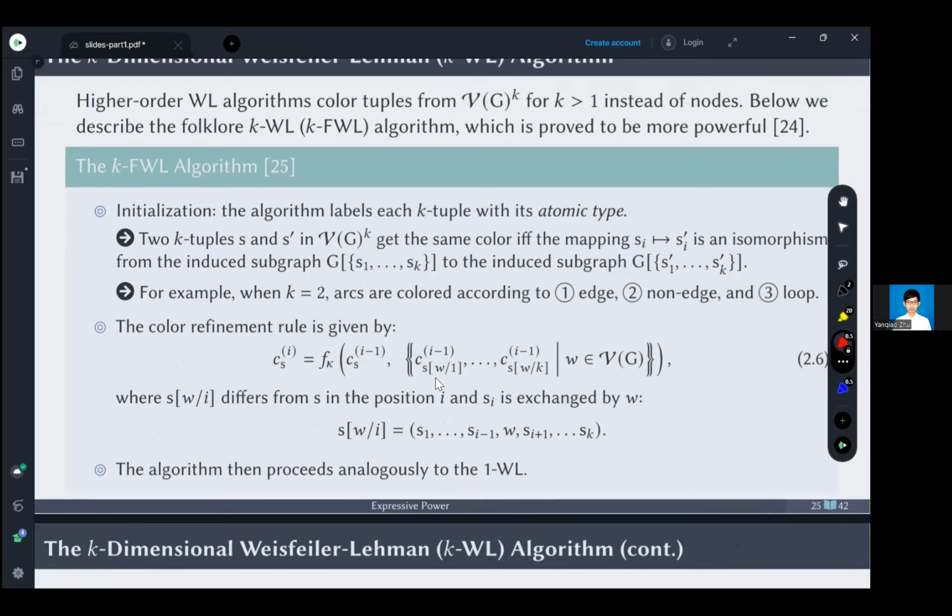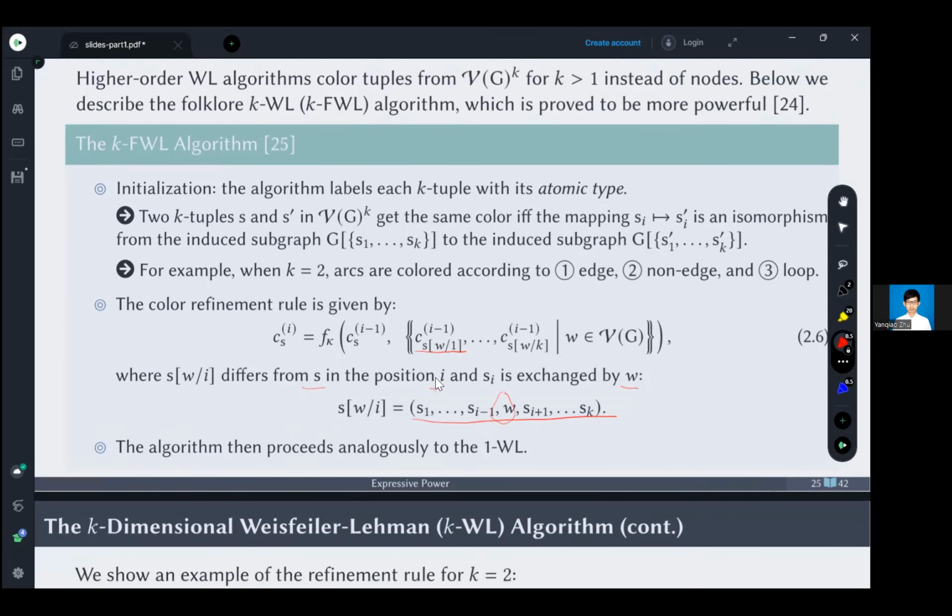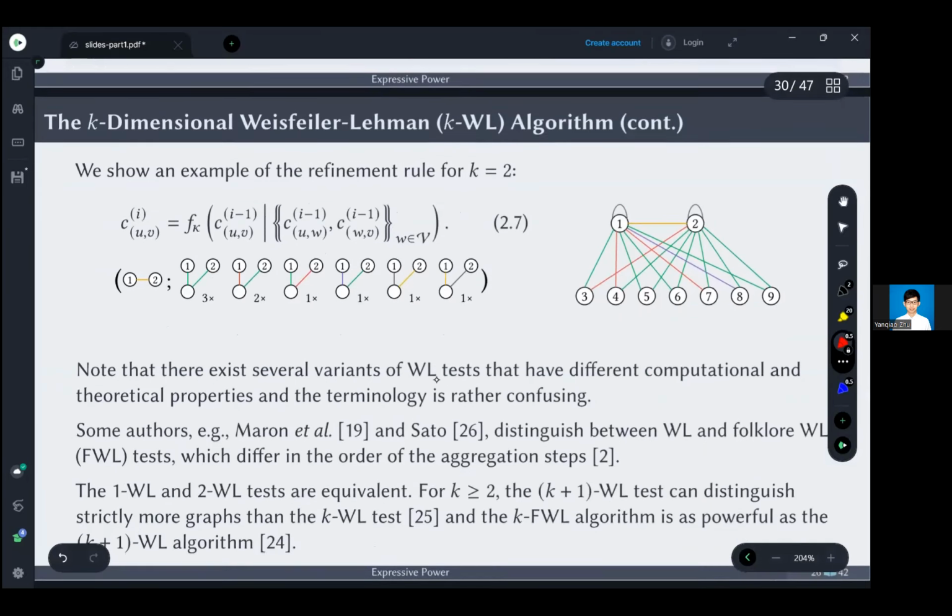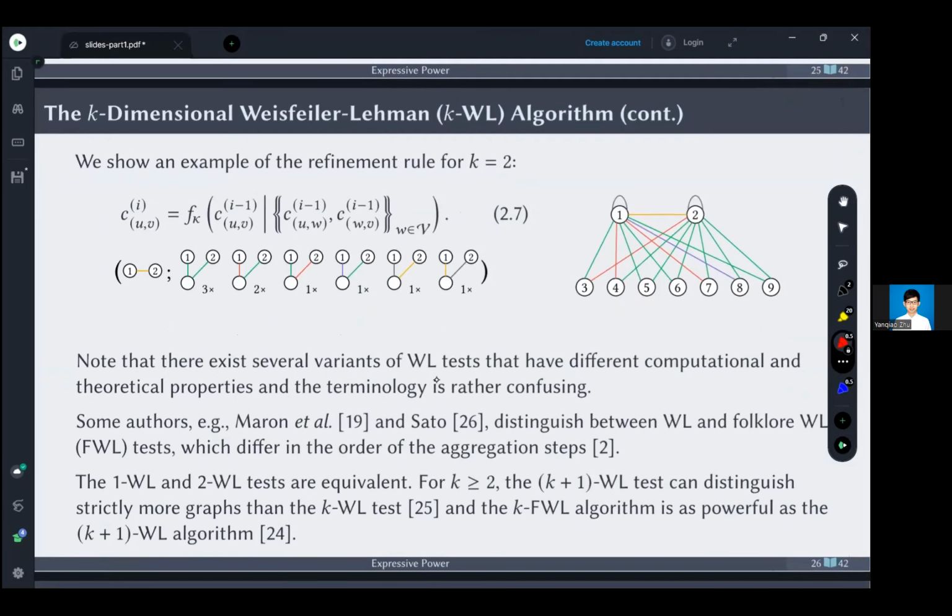Here, we'll use the notation s[w/i], which means that the tuple s at position i will be exchanged by w. So when we express s in an expanded form, we're actually replacing the position i by w. And let me give you another example.